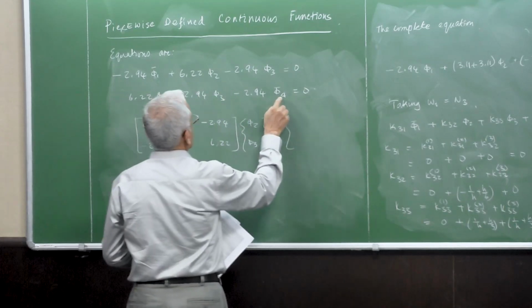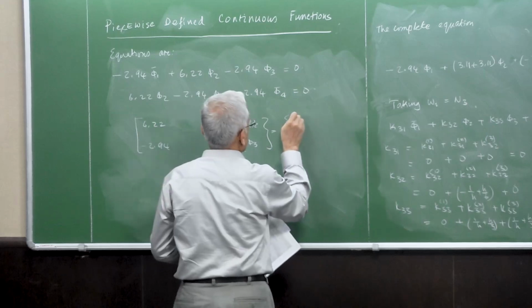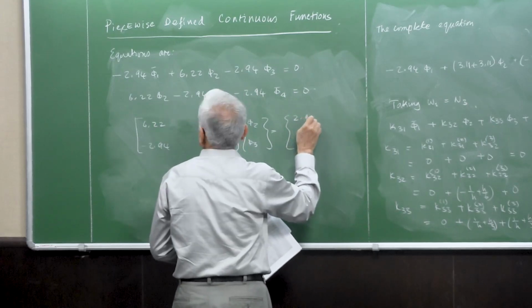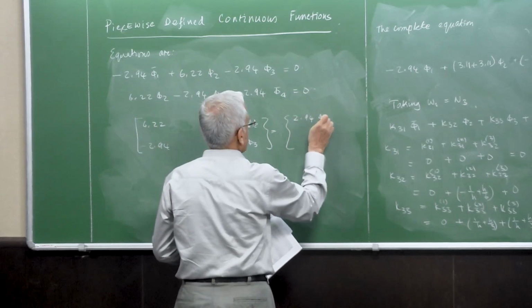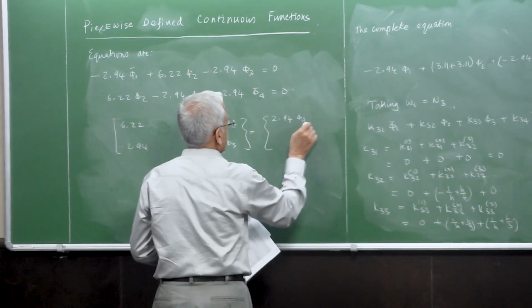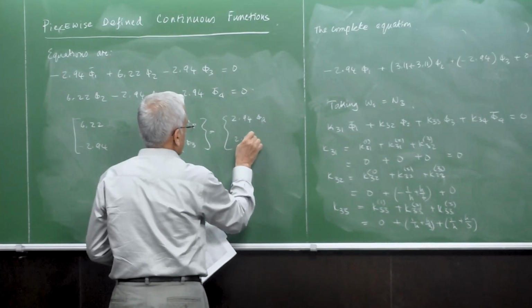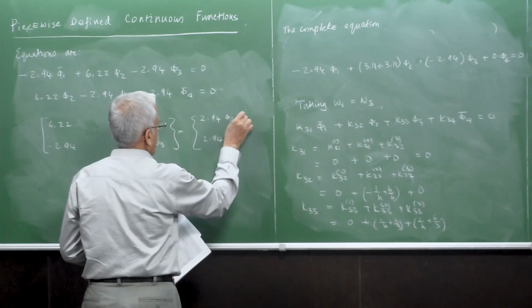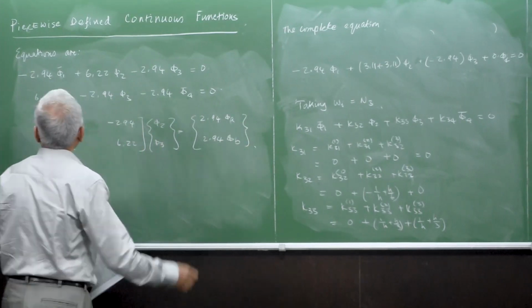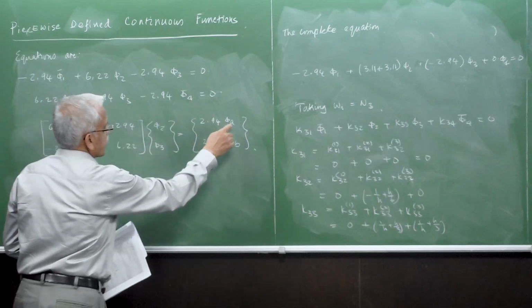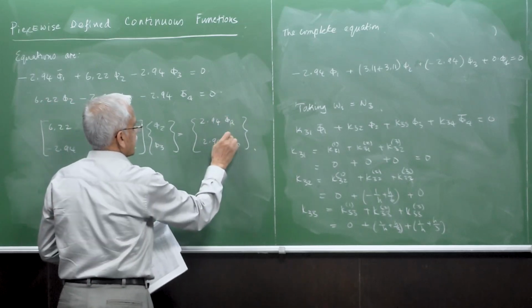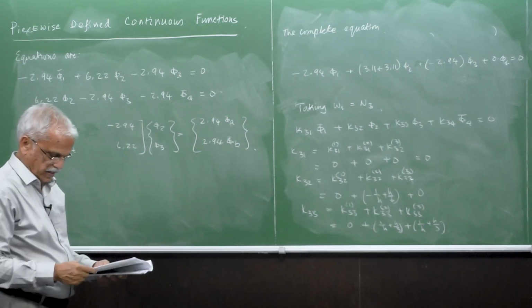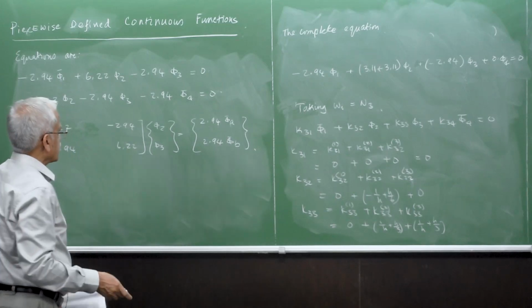So this is known and this is known, so let us take them to the right side. Phi a, maybe I can put it phi a. Okay, so phi 1 and phi 4 or phi a and phi b, as we did for starting with. Okay, so this is the equation.